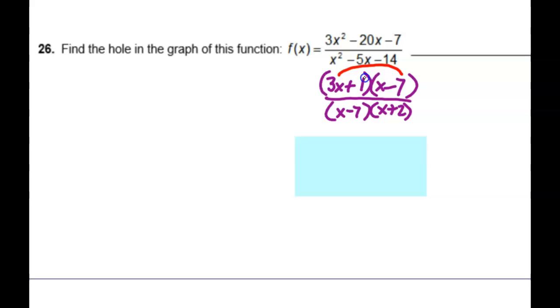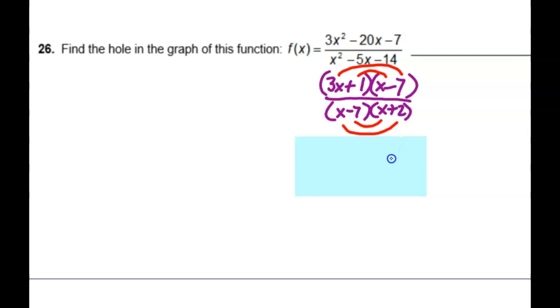Here's a negative 21x plus 1x would be the negative 20 up top. And I get a negative 7 at the back. Here I have a positive 2x minus 7x would be the negative 5 in the middle. And the negative 14 at the back.